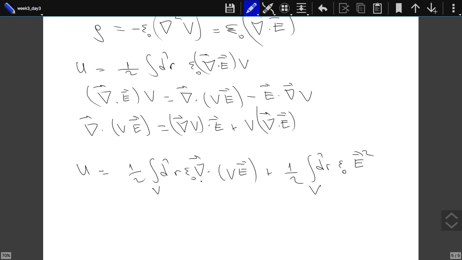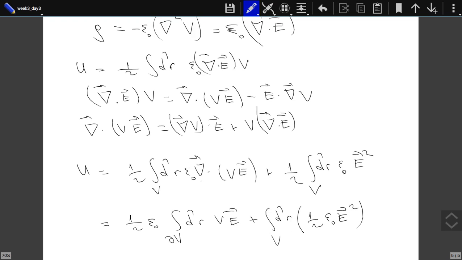Now this first integral, I can write it as a surface integral. So this would be 1 over 2 epsilon 0 over the boundary of V, times V, the electric field, plus d cubed r over the volume, 1 over 2 epsilon 0 E squared.